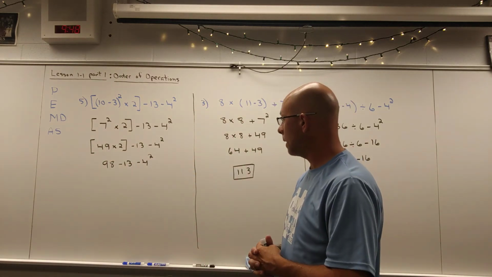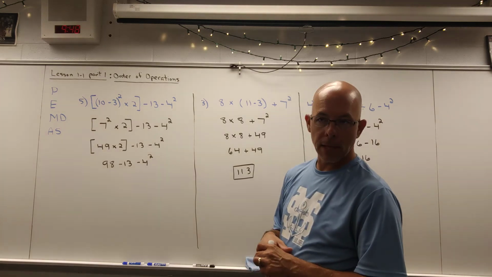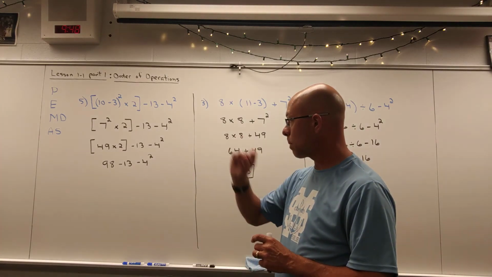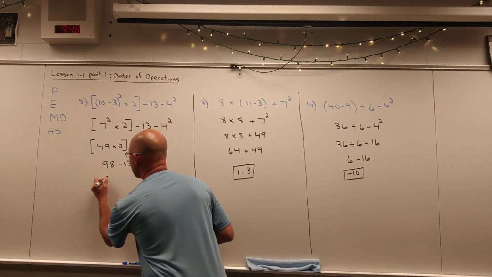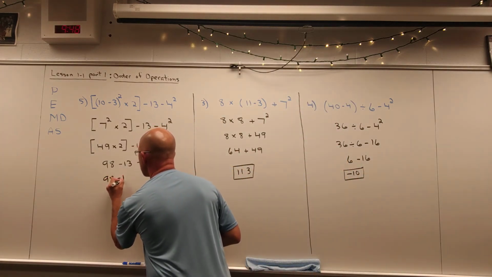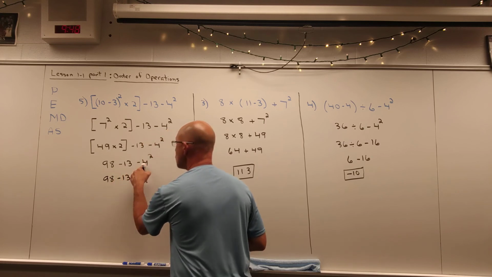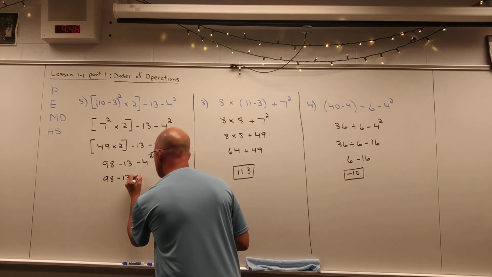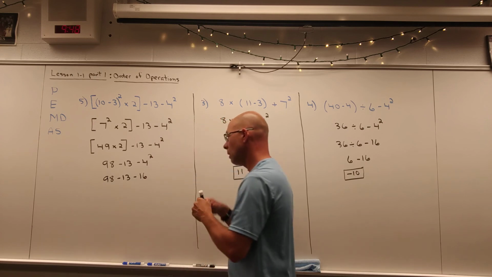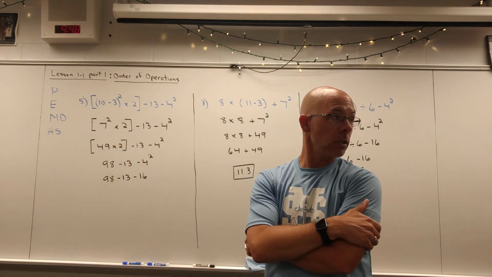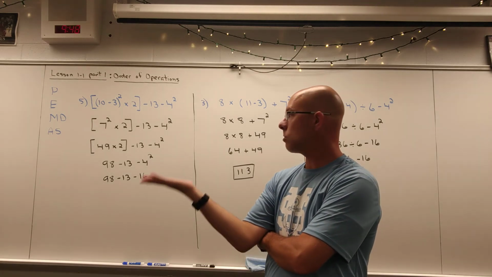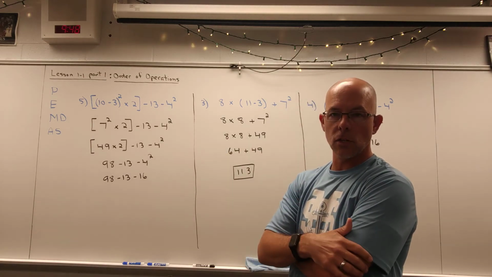Within the problem that's remaining, exponent takes precedence. So we'll have 98 minus 13 minus 4 squared. 4 times 4, 16. Okay, all that's left in this question is subtraction, and when there's multiple subtractions, it doesn't even matter if it was subtractions and additions.